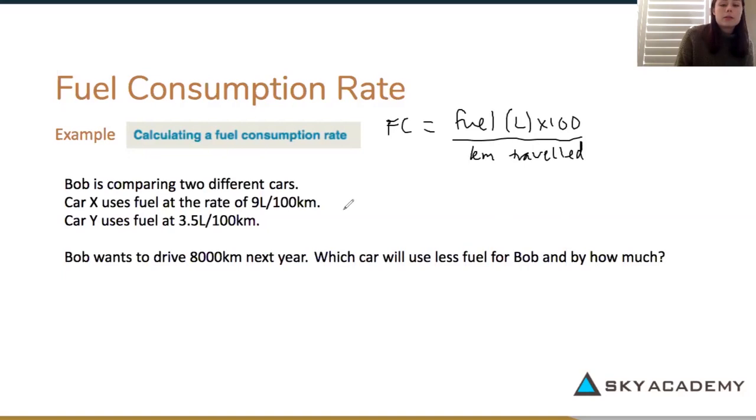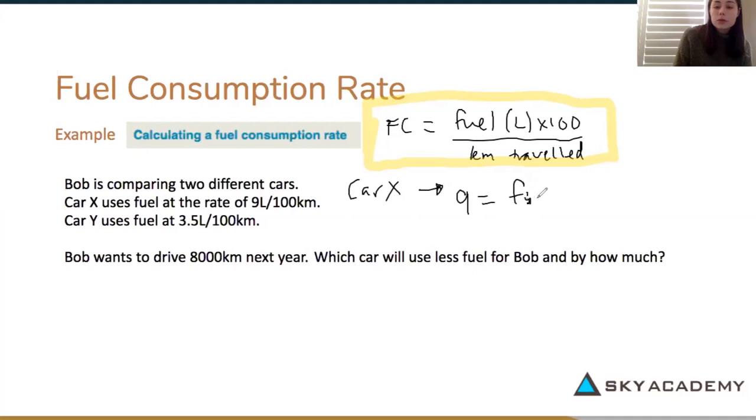And now I'm going to do car X. So let me highlight that so we don't get confused. So car X. We have the fuel consumption already, 9 litres. So 9 equals, we're trying to figure out the fuel.